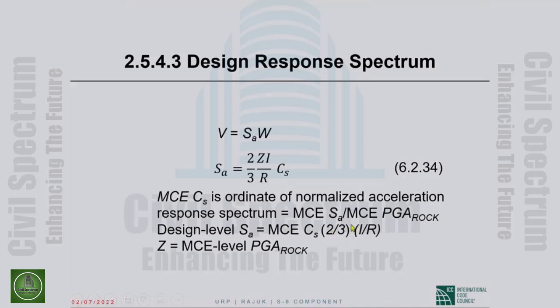And as in ASCE 7, we divide by R. We lower the spectrum by R and we raise it by I. So design level spectral acceleration is built from the MCE level C sub S that we have been dealing with so far.